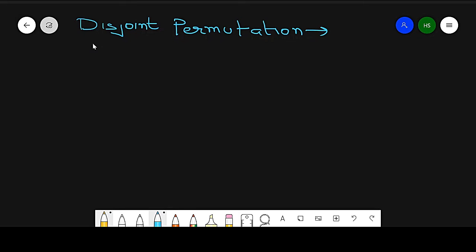So what is the definition of disjoint permutations?